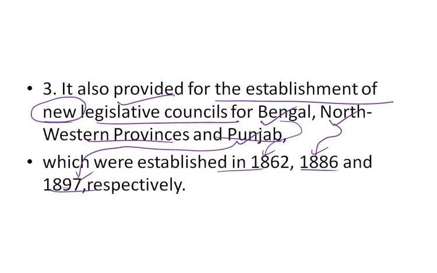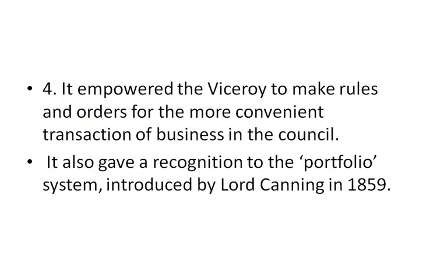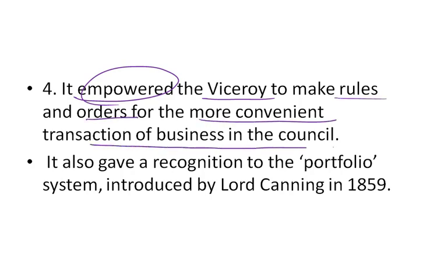The other major feature of this act is it empowered the Viceroy to make rules and orders for the more convenient transaction of business in the council. So for the convenient transaction of business in the Central Legislative Council, the Viceroy has the power to make rules and orders.